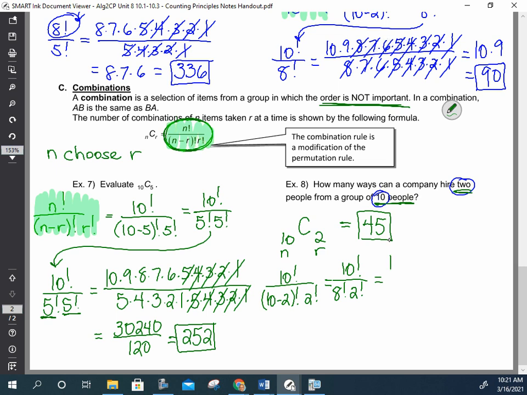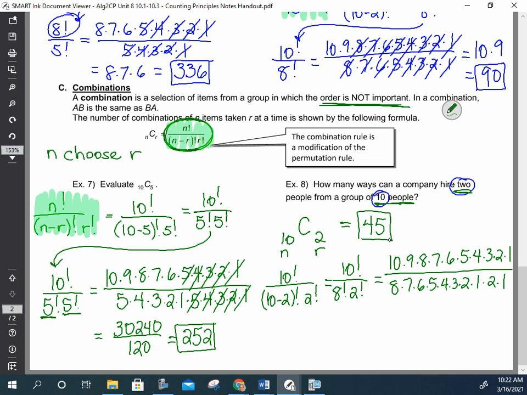So let's write it all out. 10 times 9 times 8 times 7 times 6, all the way down to 1. 8 factorial is 8 times 7 times 6 times 5, 4, 3, 2, 1. 2 factorial is 2 times 1.